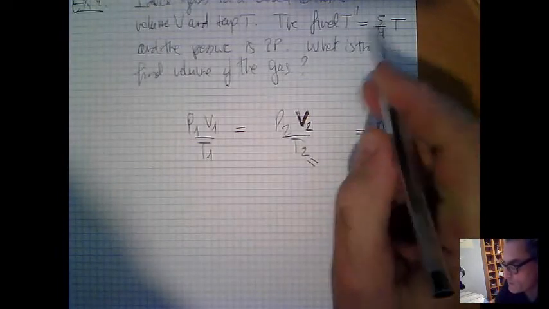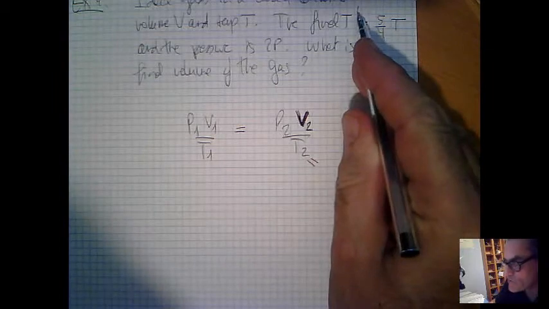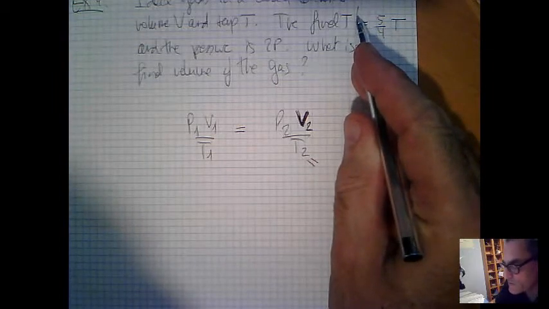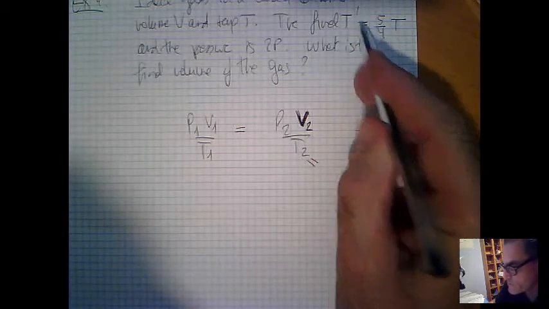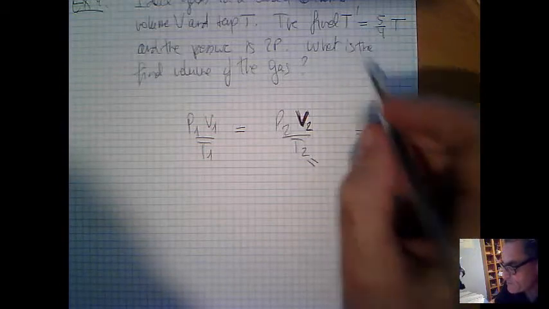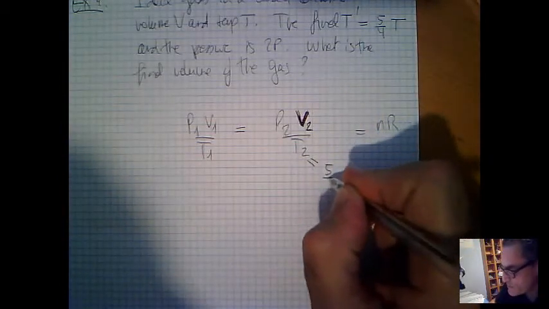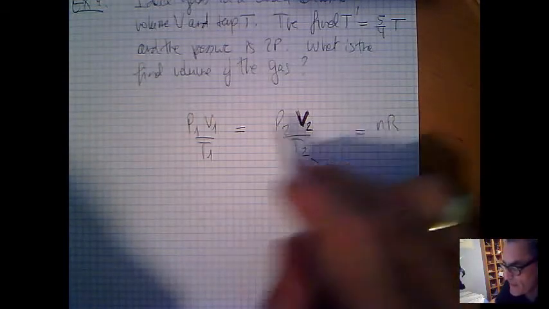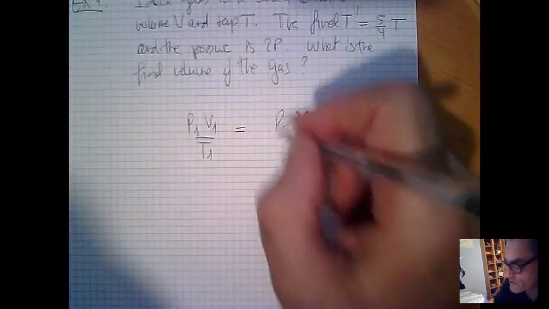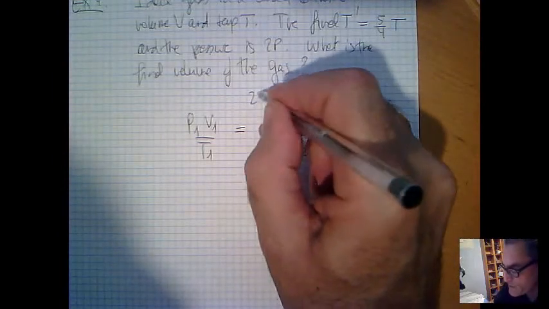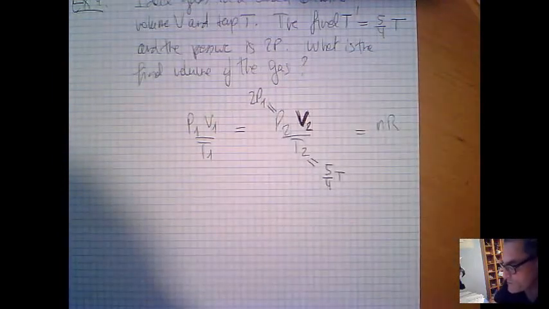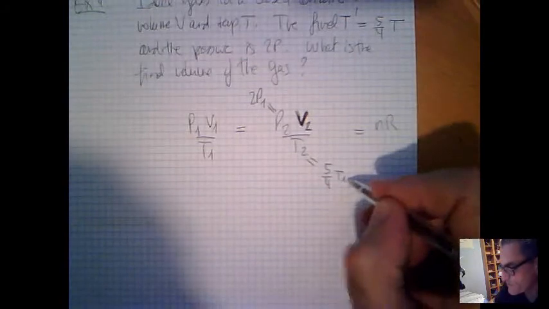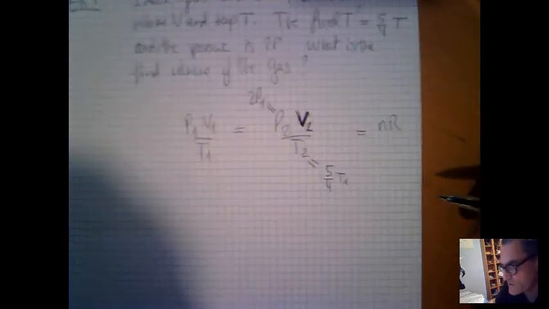We know that the final temperature, which I call T prime here to create confusion in your young minds, this T prime is T2, and this is 5/4 of T. And the P2, the pressure, becomes 2P. So this is 2 times P1, and sorry, this is 5/4 of T1, right?